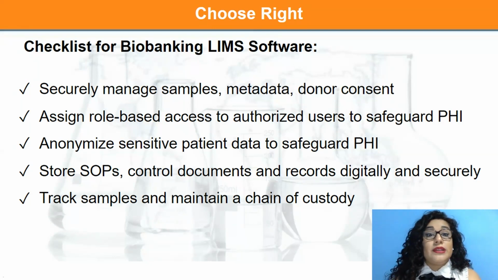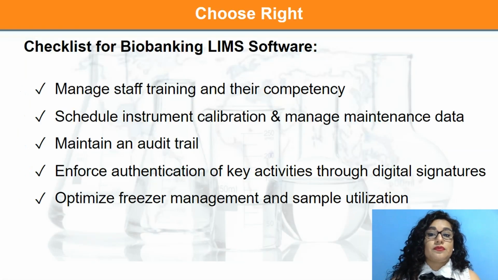Well, a good LIMS must securely manage samples, metadata, and donor consent, assign role-based access to authorized users to safeguard protected health information, anonymize sensitive patient data, store SOPs, control documents and records digitally and securely, track samples and maintain a chain of custody, also manage staff training and their competency, schedule instrument calibration and maintain data, maintain an audit trail, enforce authentication of key activities through digital signatures, and optimize freezer management and sample utilization.